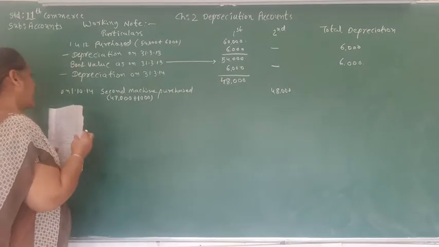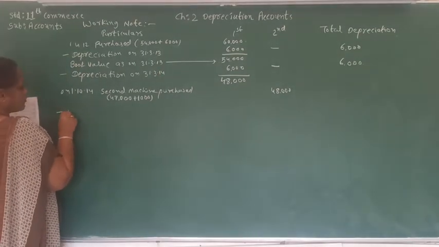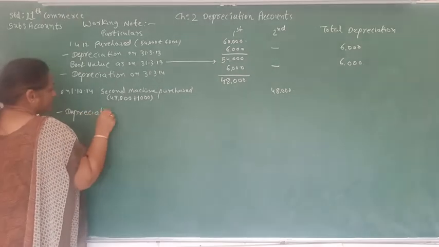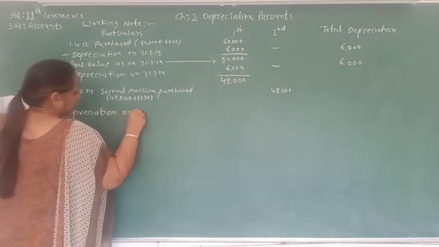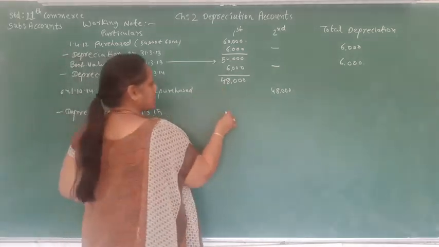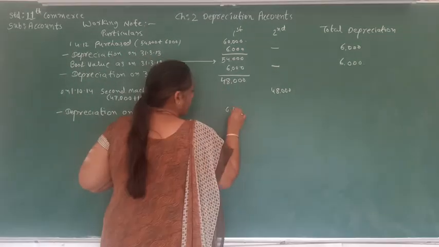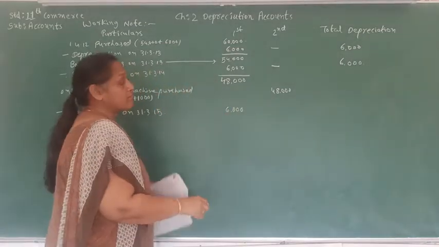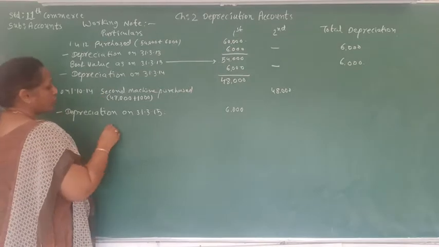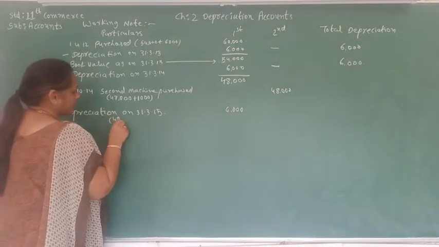Now at the end of the third year, again we are going to provide depreciation on 31st 3/15. Here the first machine is used for the whole year, so depreciation will be 6,000, but the second machine is used for 6 months only, so for that we have to calculate the depreciation.